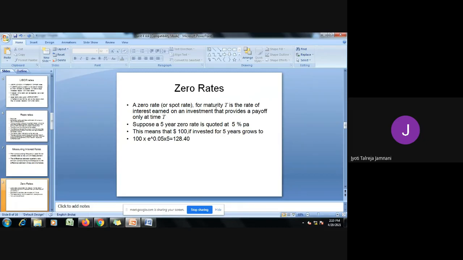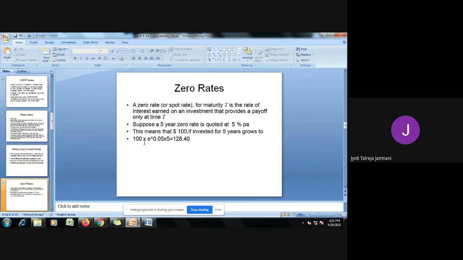A zero rate for maturity T is the rate of interest earned on an investment that provides a payoff only at time T. So you're basically going to get the payoff only at time T. Suppose a 5 year zero rate is quoted at 5%. So here it's a 5 year zero rate bond. Okay. Suppose we say that it is quoted at 5%.